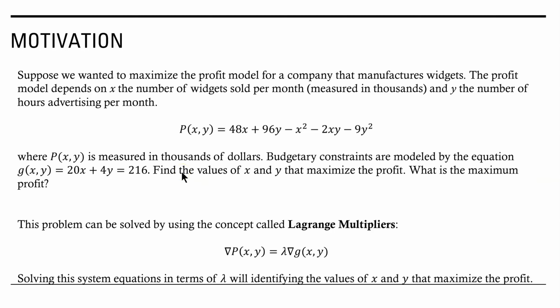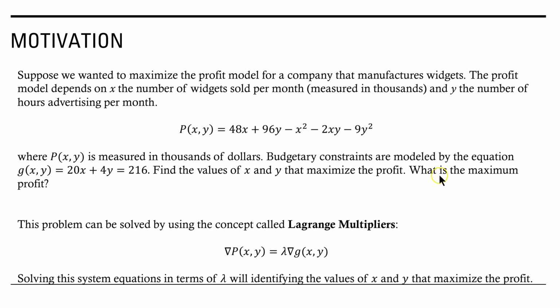Our goal is to find values of x and y that make this profit function maximum. So we want to find the number of widgets sold per month and the number of hours of advertising per month that will produce maximum profit. And we also want to determine what that maximum profit is.